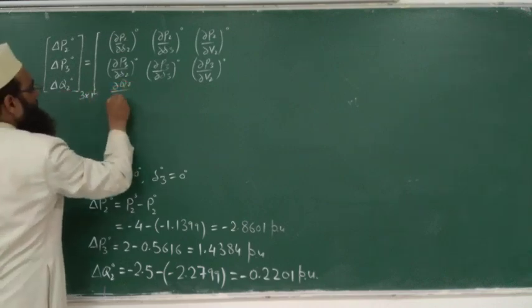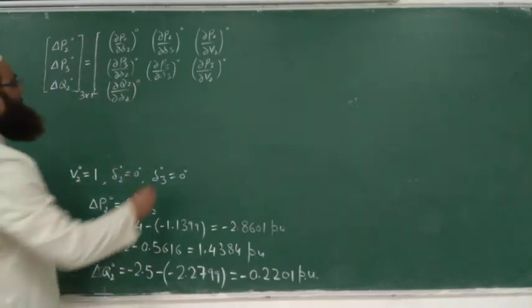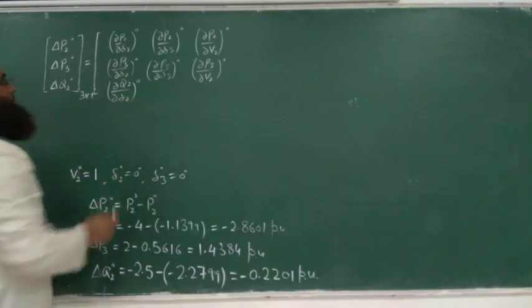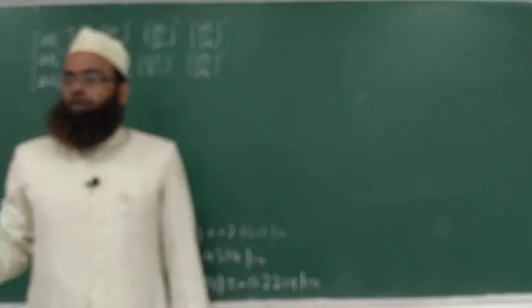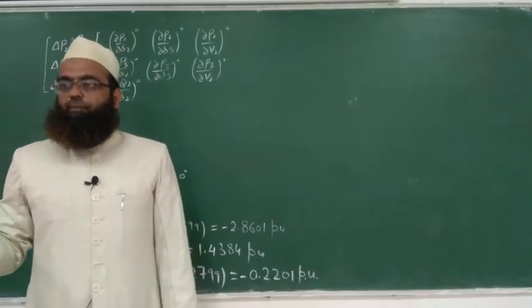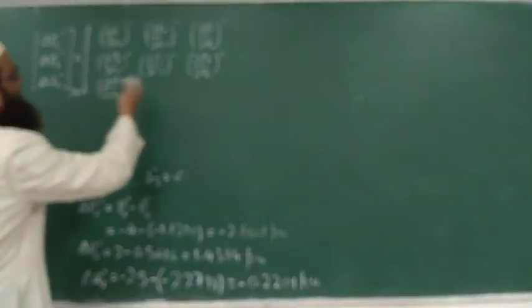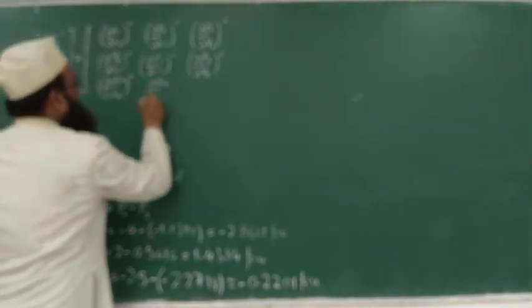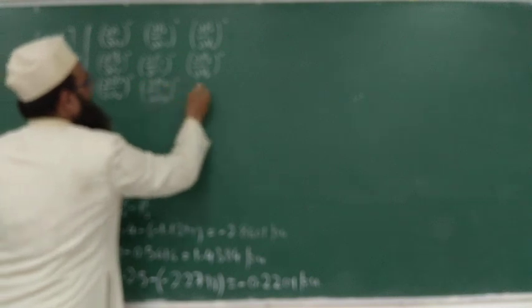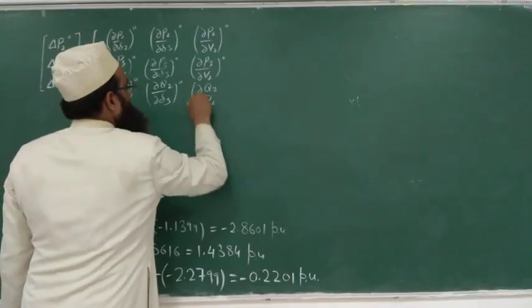So del Q2 upon del delta 2 evaluated at initial values of the variables. If you are going to write 1, it means evaluated at the values of the variables obtained at the end of first iteration, right? So this is our first iteration, that's why we are evaluating at initial values of the variables assumed. That's why writing 0 here, right? Del Q2 upon del delta 3, 0, and here it will be del Q2 upon del V2, 0.